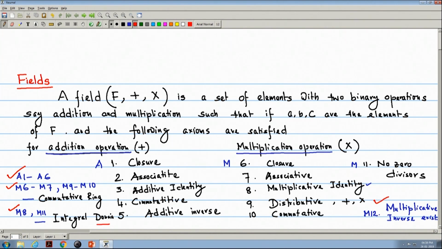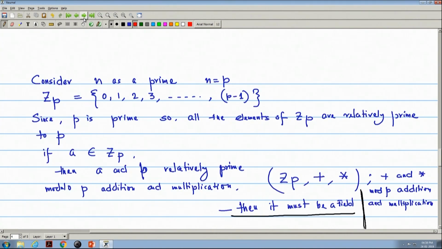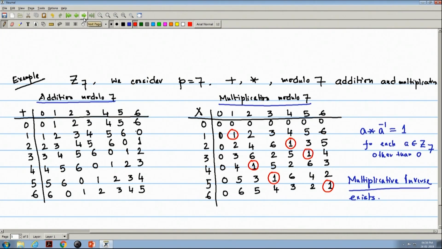Now, what we show is only this M12, the multiplicative inverse, that when we are taking a prime number, that means when Z7, 7 is a prime, then multiplicative inverse exists. Since all the elements of Zp, or in this case Z7, are relatively prime to p.